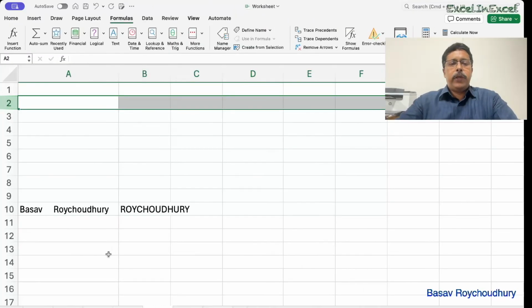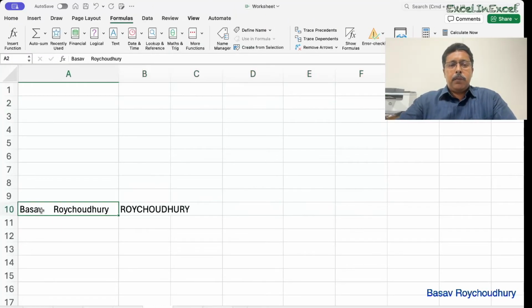What we are planning to do here is this: my name is here and somebody said they just want to get my surname, and that too in capital letters. So how do I do that? Of course I have to clean this and trim this. As you can see, there are extra spaces in between.